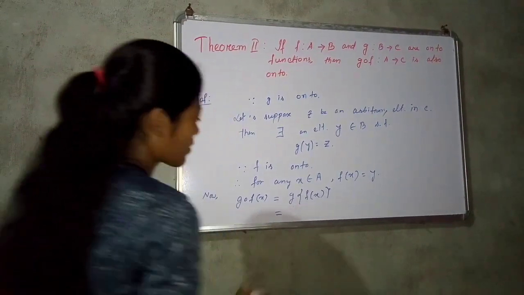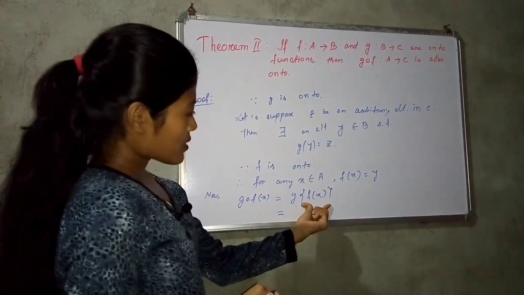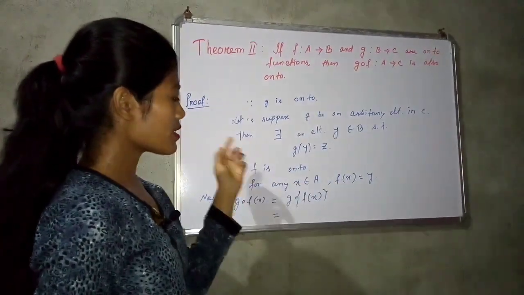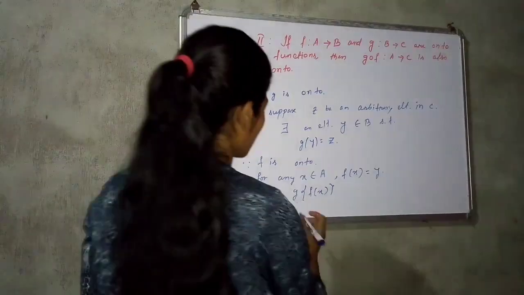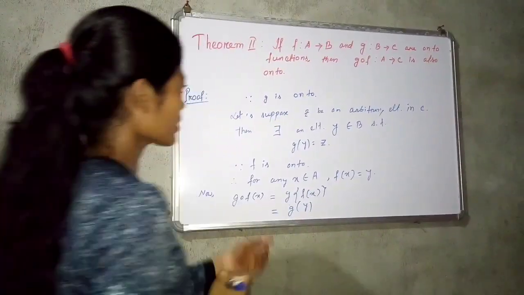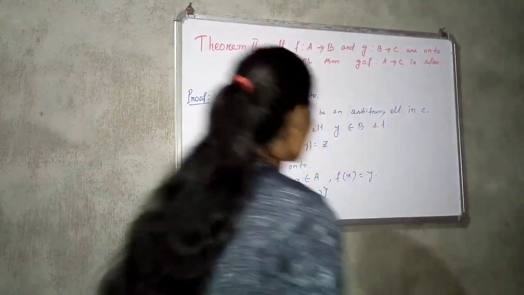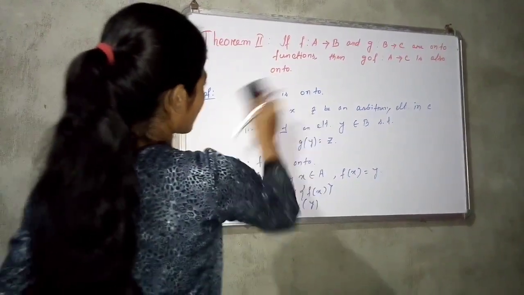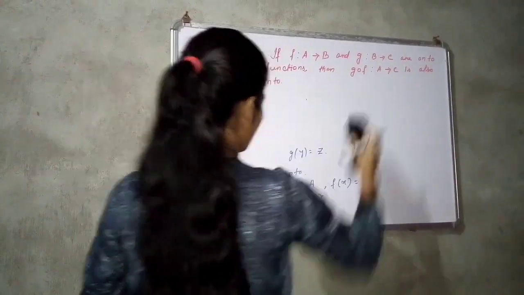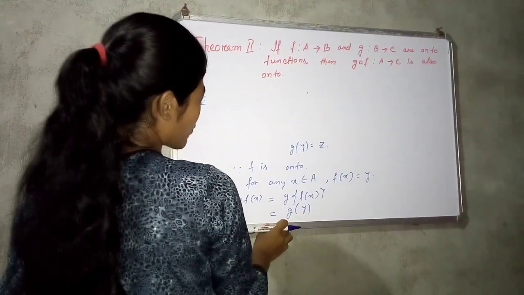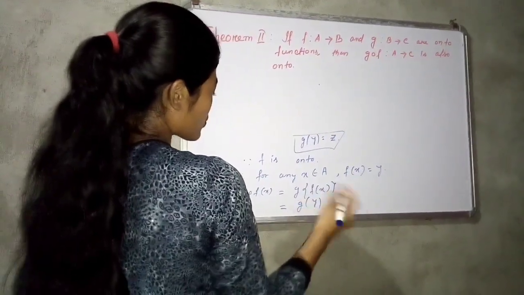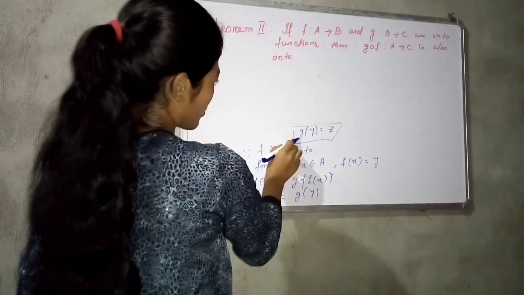Now, f of x is nothing but y, as we have been given that f is an onto function. Therefore, g of y. The next part is, g of y is nothing but z, because we are also given that g is an onto function.